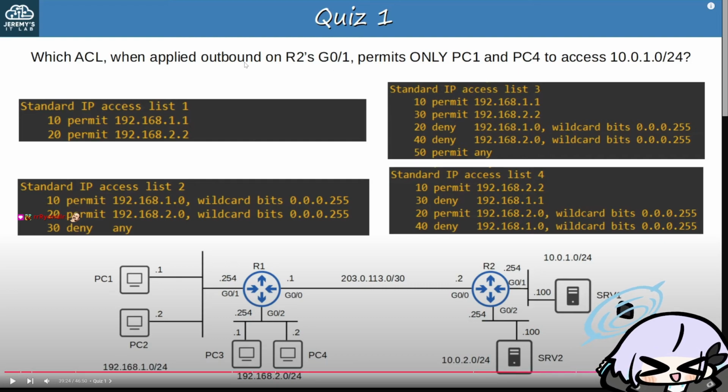Which ACL, when applied outbound to R2 G0/1, permits only PC1 and PC4 to access? So we can use letter C. How do we do this? Permit 192.168.1.1, that's PC1. Permit PC4, 192.168.2.2. Deny the rest.